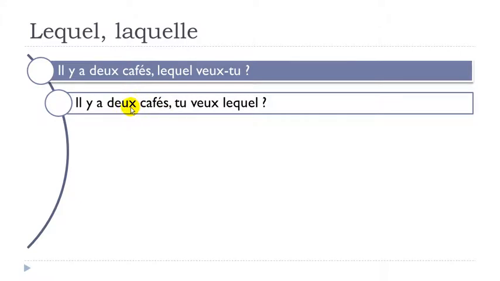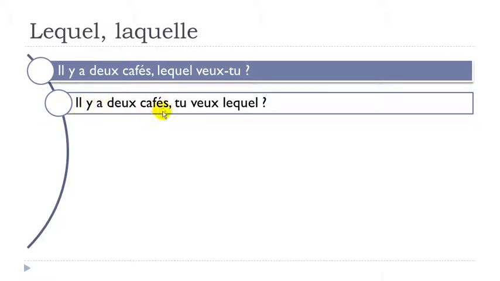In that case, it's more, let's say, spoken. Okay, the first one is the official one because in that case you put lequel, and after that you change the order. Remember, first the verb, then the subject, because that's the official and the formal way to ask a question.